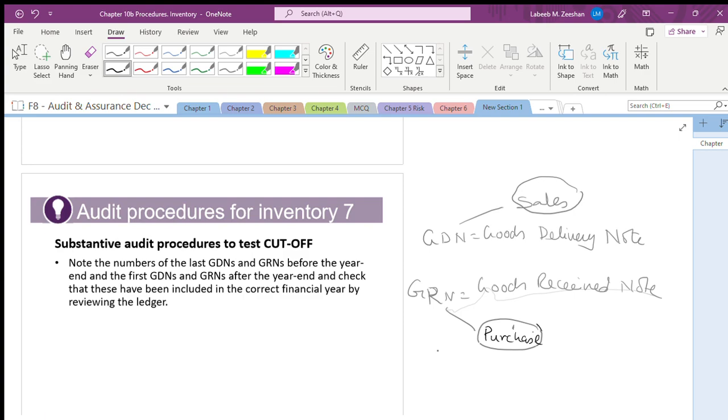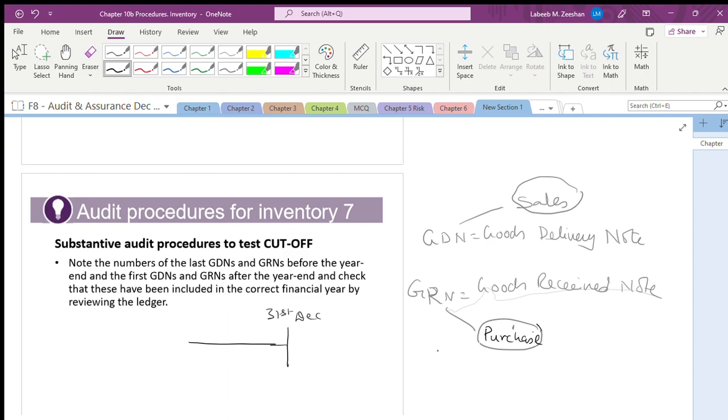Now we have to make sure. Cutoff is nothing but, see, this is very important. This is 31st December. They will say that on 31st December there is no movement of goods, because everyone is busy taking the stock of inventory.